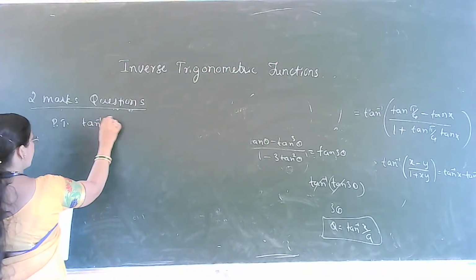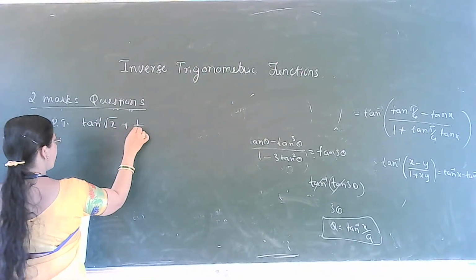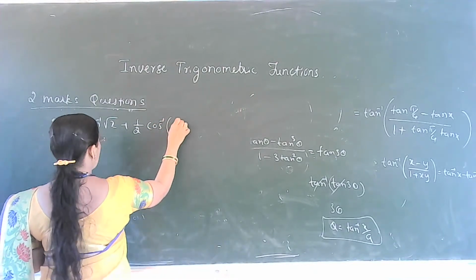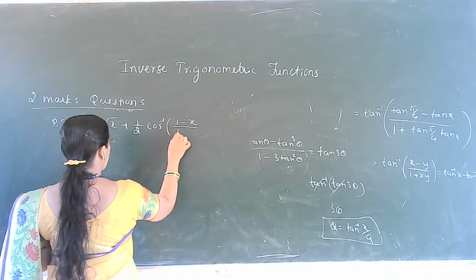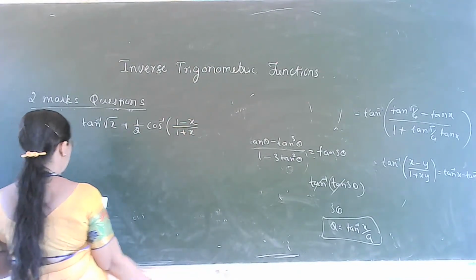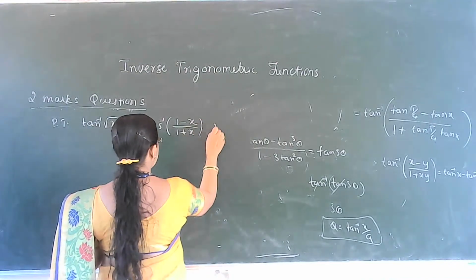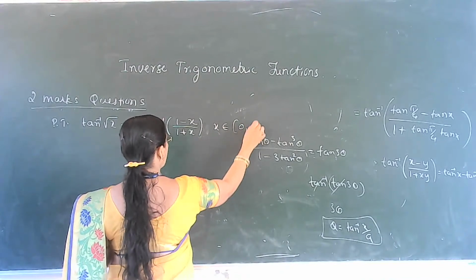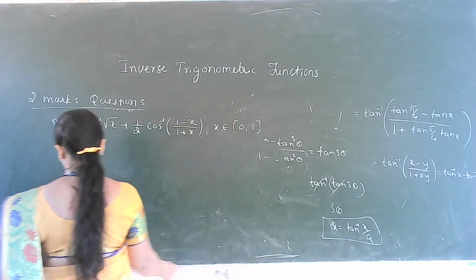Tan inverse x plus 1 by 2 cos inverse of (1 minus x) divided by (1 plus x), where x belongs to (0, 1).